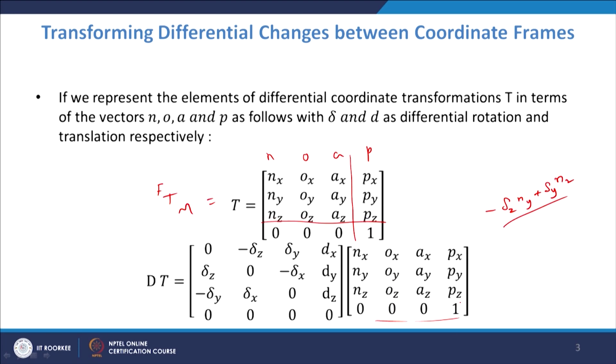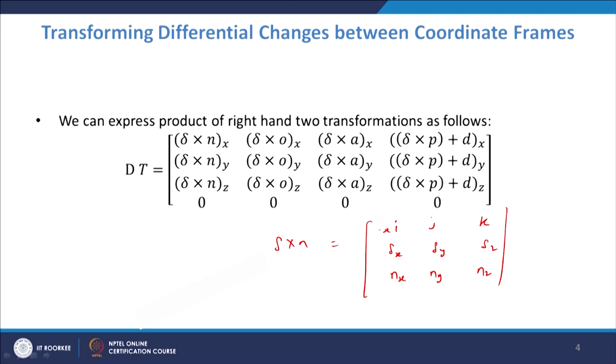The first row multiplied by the fourth column will give this del cross p vector plus the d vector, and the last entry is dx into 1. Here the del vector we are calling del x i plus del y j plus del z k, and the d vector is dx i plus dy j plus dz k.